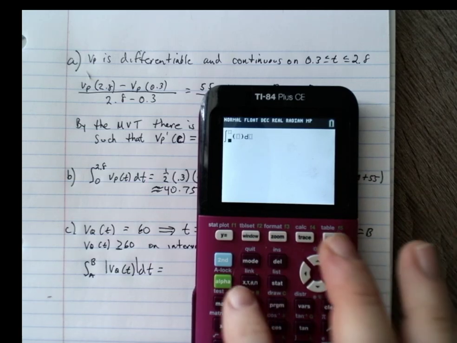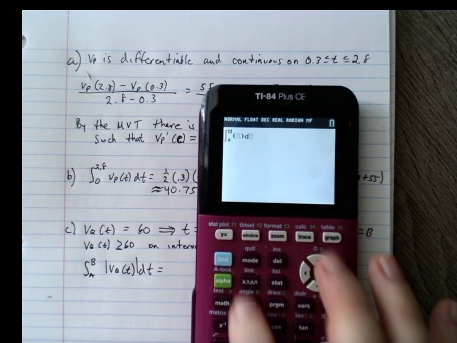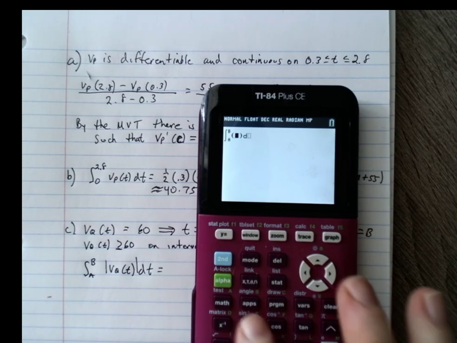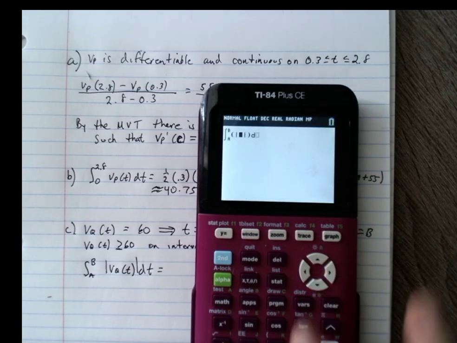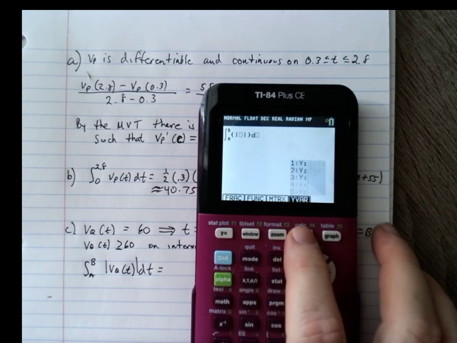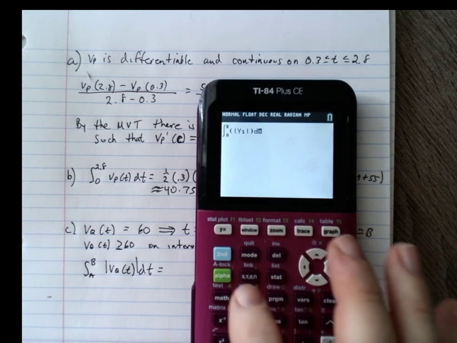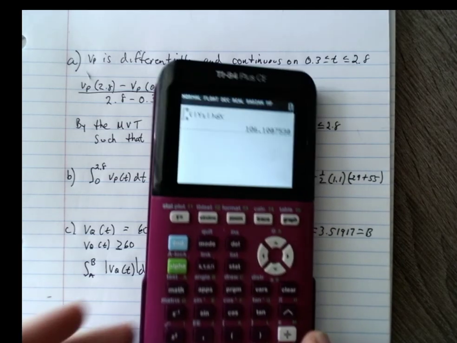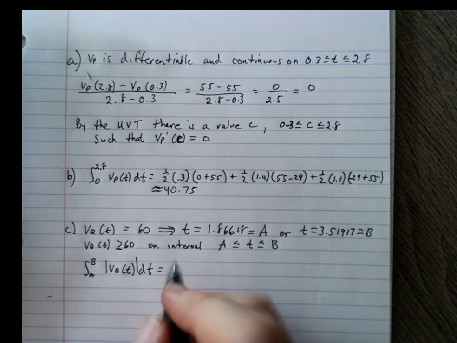And we're going to go from A to B, so it's alpha A, move my arrow up, alpha B, and then I already have that function typed into my y1, so I'm just going to hit math, arrow over the number to get my absolute value bars, and then inside my absolute value bars I'm going to hit alpha F4 to get the y1 function, and then I'm going to put an X in my box here and hit enter, and we get 106.108 or 106.109.